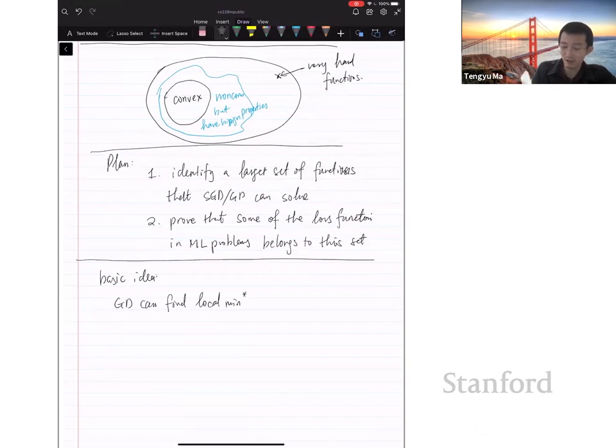Maybe I'll put a star here just to remind you there is a caveat, but roughly speaking, gradient descent can find a local minimum, right? And suppose you know in addition that all local minima of F are also global, then this means that GD can find a global minimum.